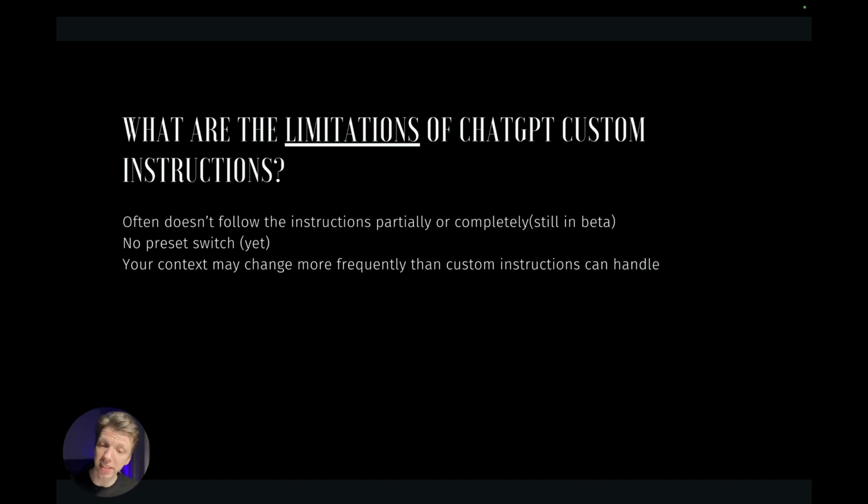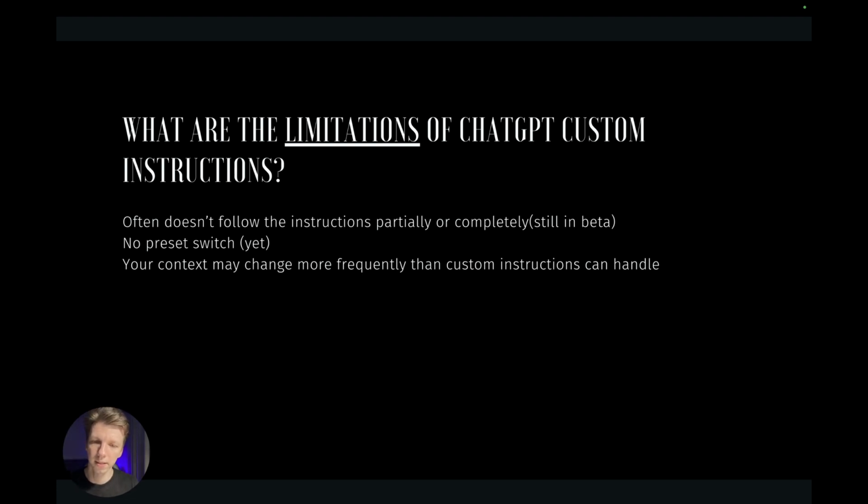There is no preset switch yet, so if I have a couple of sets of custom instructions, I can't switch back and forth between them quickly, and I can only change them within a conversation. Sometimes that's a bit uncomfortable, but maybe in future iterations that would be fixed. Okay, let's move on.